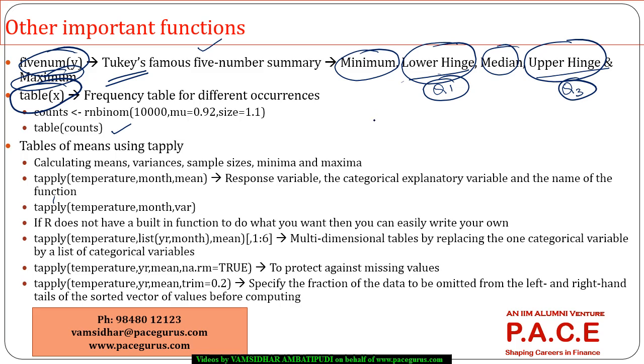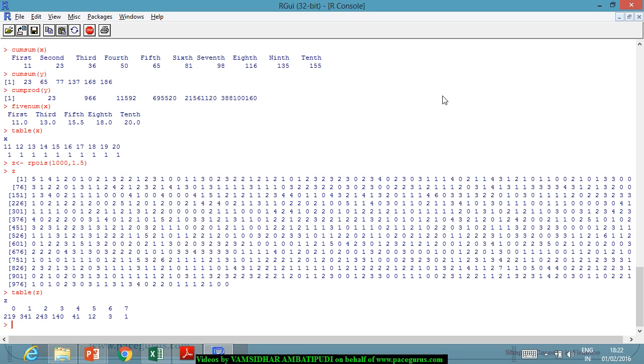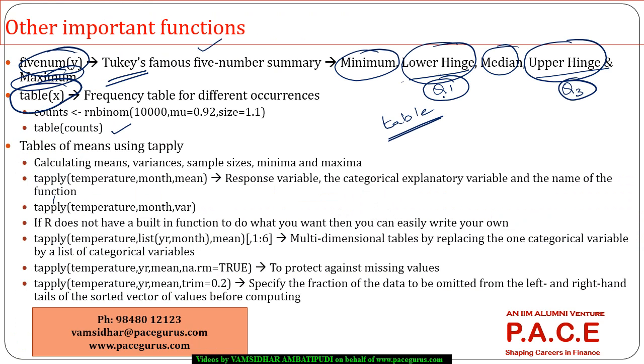So if I have a vector and I am using a table, it simply means that I am tabulating all of them and trying to find different kinds of summarizations, the total count of each of the occurrences coming up.